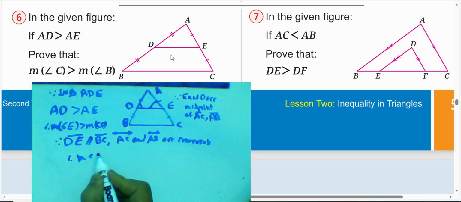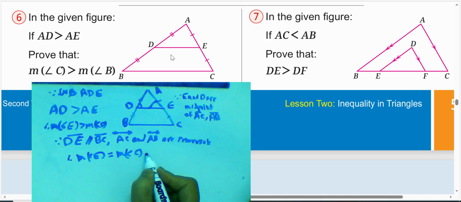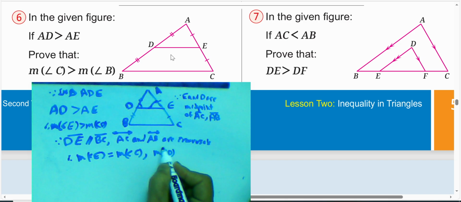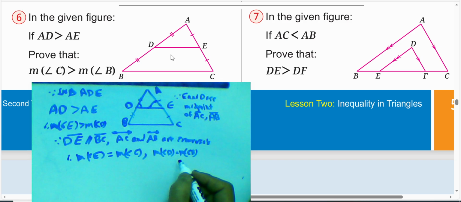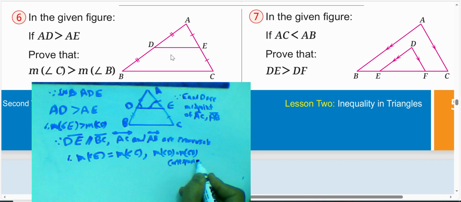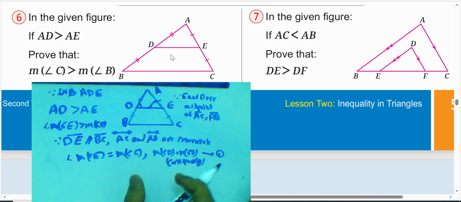Then measure of angle E equals measure of angle C, and the measure of angle D equals measure of angle B. We called it what? Corresponding angles. They are equivalent. This relation number 1.